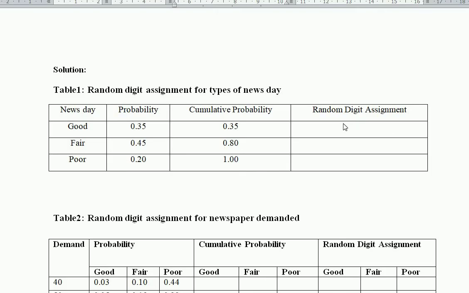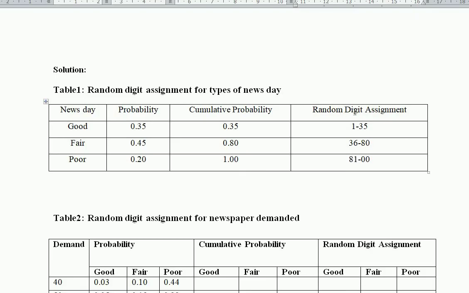Next is the random digit assignment. For the cumulative probability 0.35, the random digits run from 1 to 35. The next range is from 36 to 80, and the next assignment is from 81 to 00.